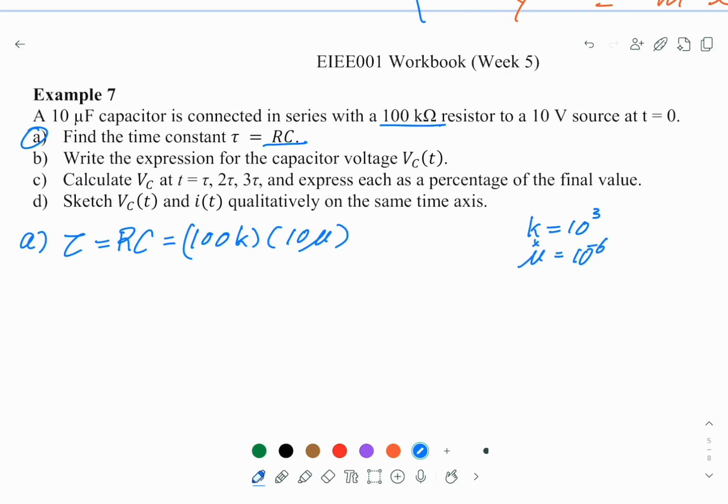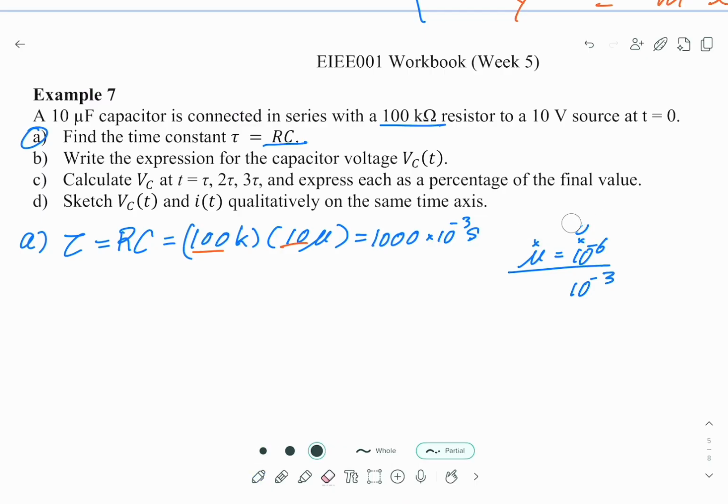When they combine, you get 10 to the minus 3. So you get 1,000 times 10 to the minus 3 seconds. And the answer, of course, is 1 second.